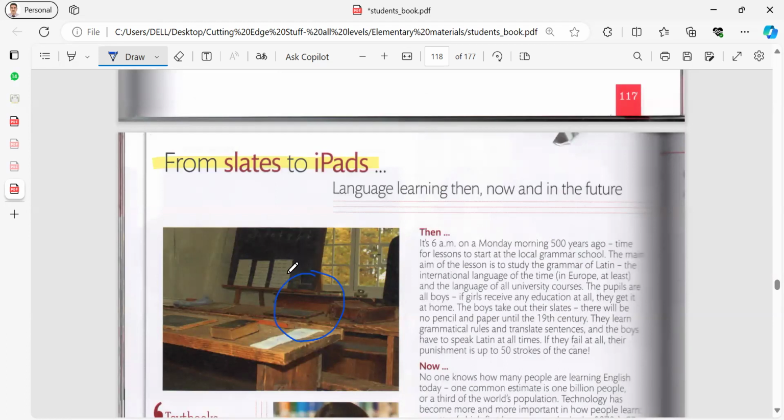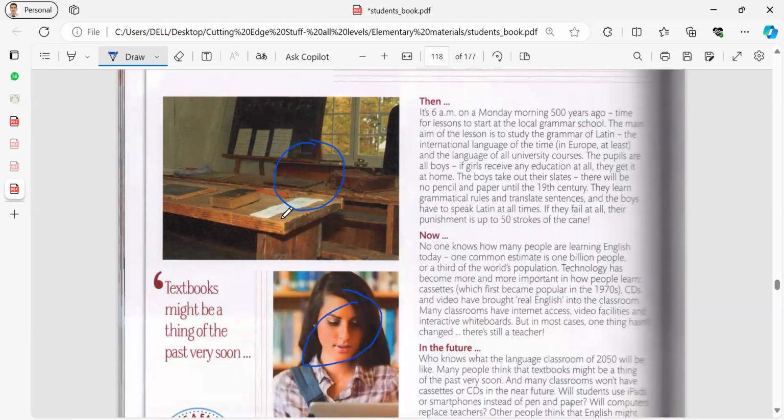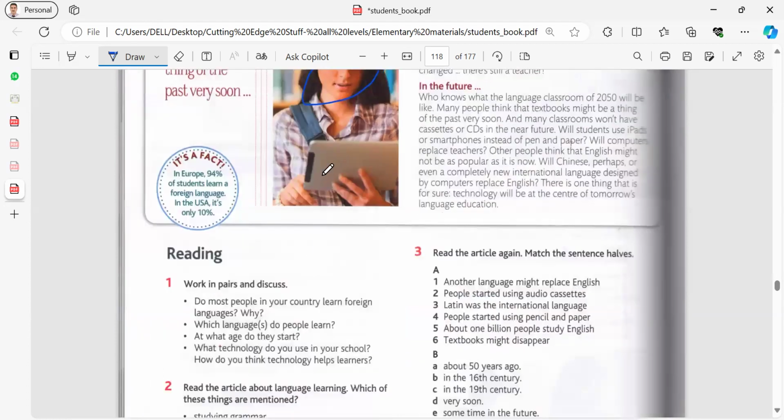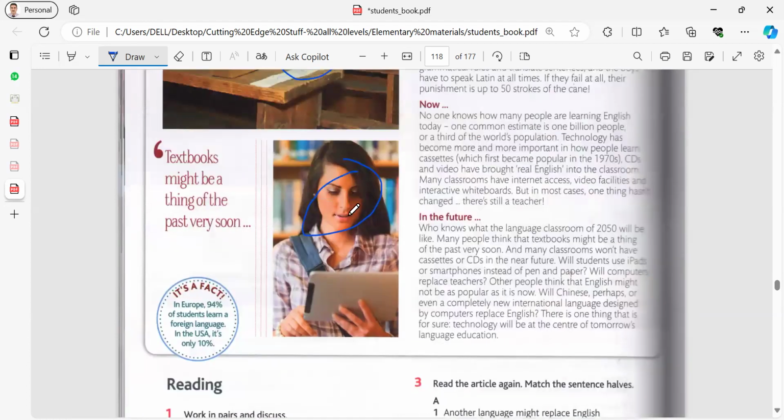Look here, slates. This is what we call them, slates. And imagine students learn in this classroom. And look at this girl. What is she doing? She's studying, reading something, using the iPad.